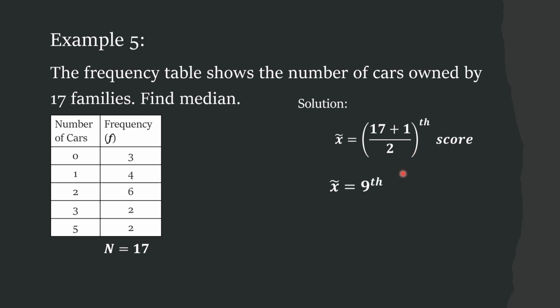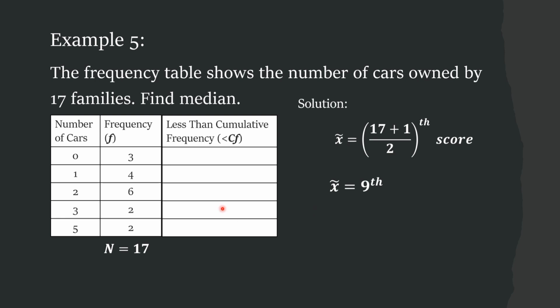To find the 9th score, calculate the less than cumulative frequency. What is less than cumulative frequency? It involves summing the frequencies of all the data points that are less than or equal to a particular value in the data set.